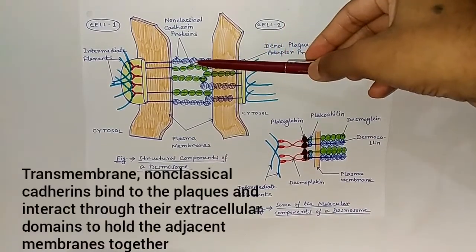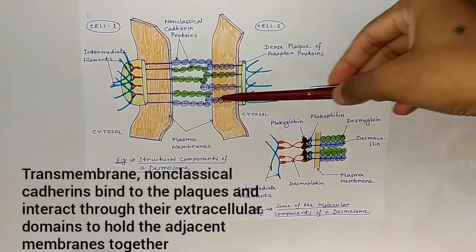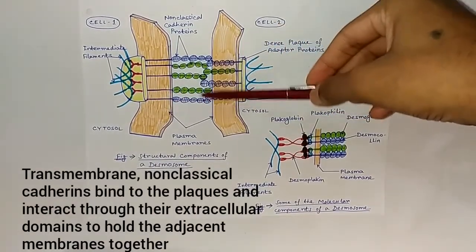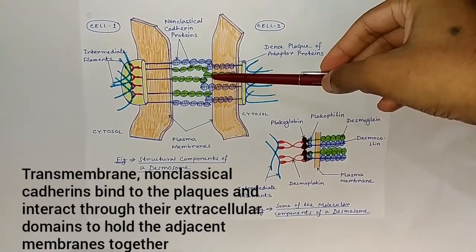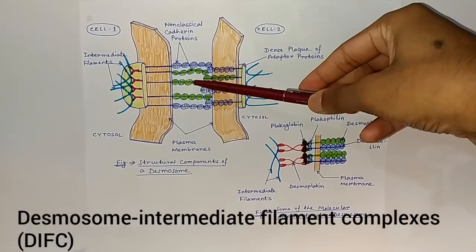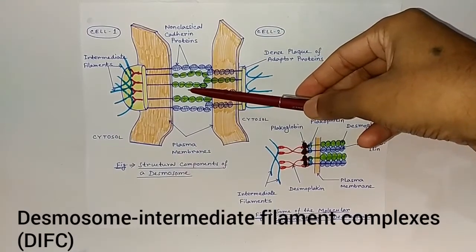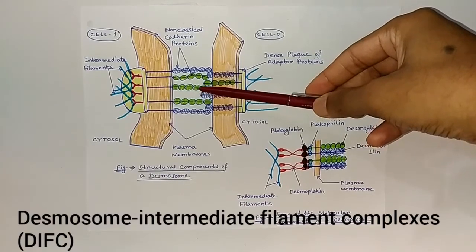Transmembrane non-classical cadherins bind to the plaques and interact through their extracellular domains to hold the adjacent membranes together. The whole complex is known as desmosome intermediate filament complexes or DIFC.